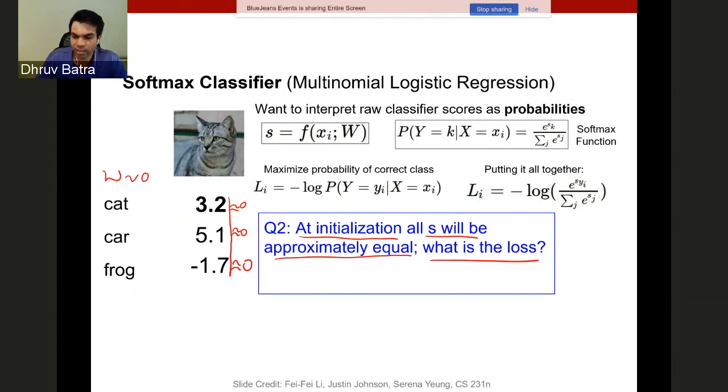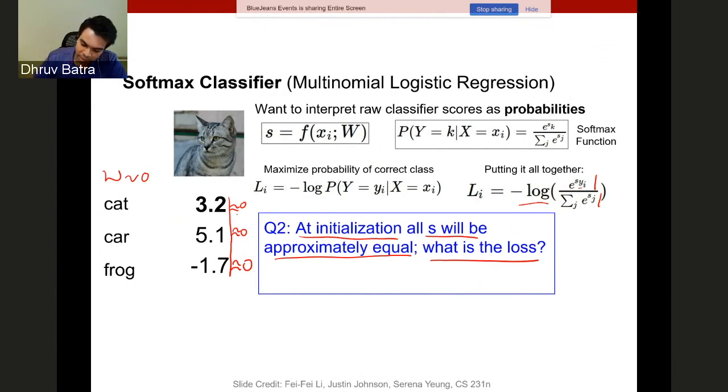What is the loss at initialization then, if all the scores are zero? Remember, here's what we're doing. We're exponentiating the scores. We're maximizing, taking a negative log where the numerator is coming from the correct category. So what is L sub i at initialization? And L sub i will be the same regardless of i.